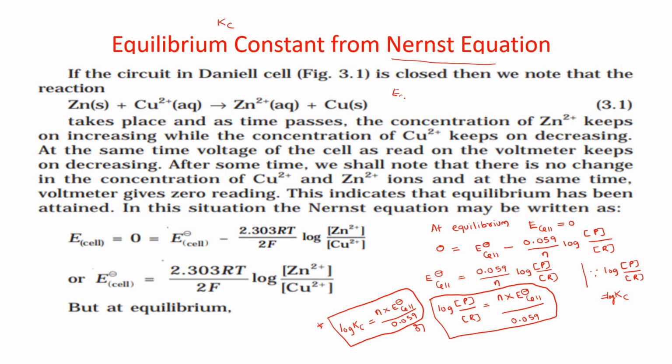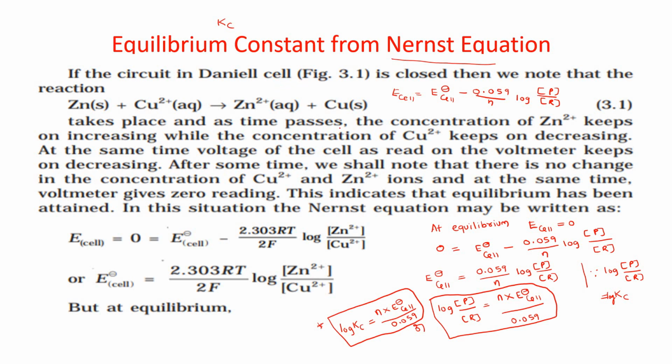E cell is equal to E naught cell minus 0.059 by n into log of concentration of products by concentration of reactants.